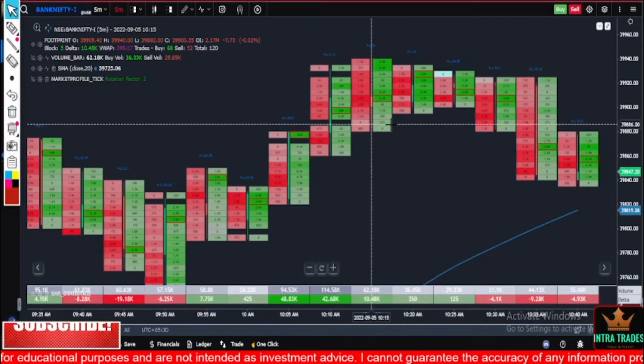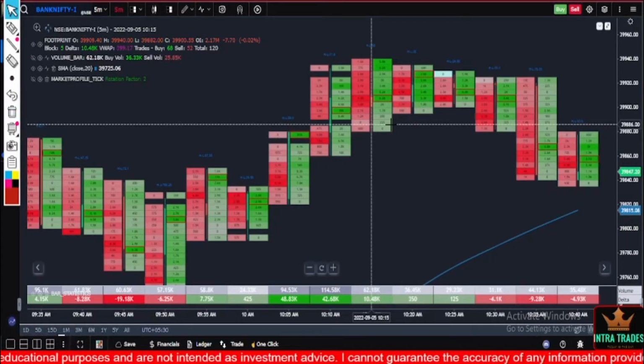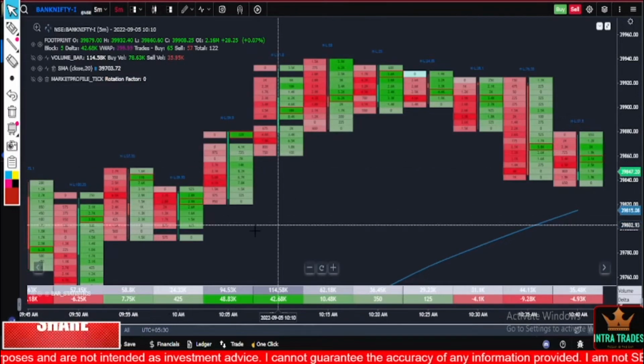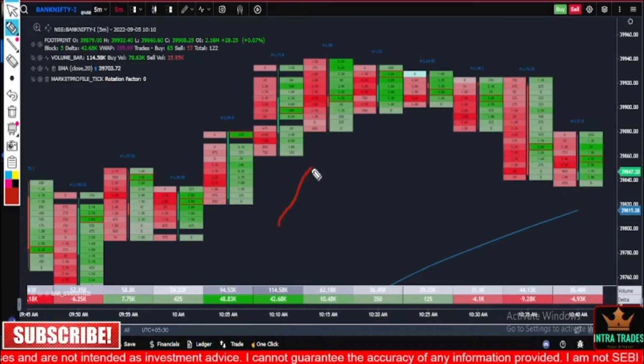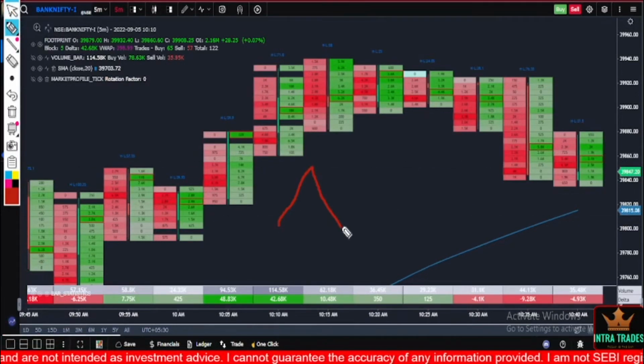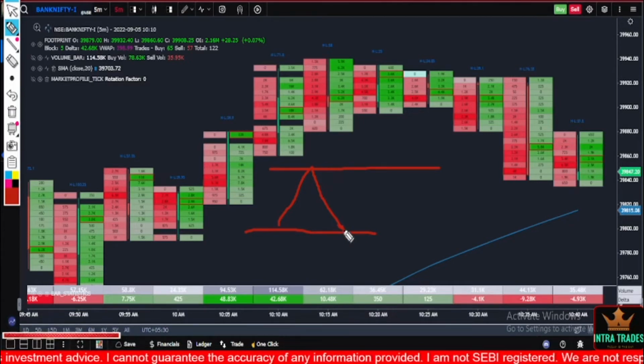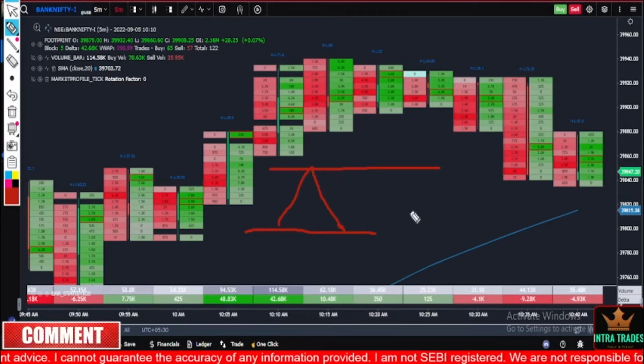When you see at the money breaks on both sides, there will be just a few points difference, around 0.5. So the market will move 30 points up and 30 points down. When you are an order flow trader, you don't have to look for these 30 points in Bank Nifty.